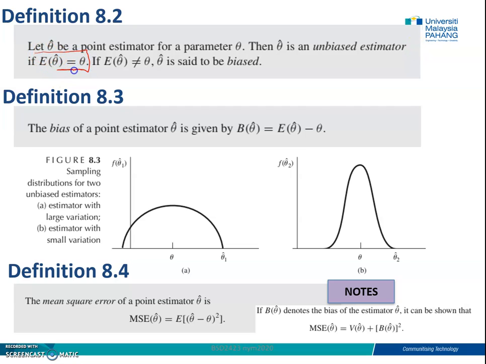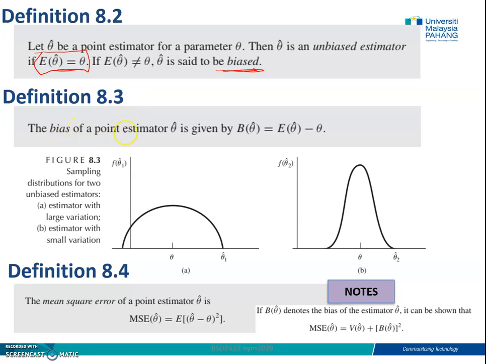This one is very important because in the question later, you will check whether this y bar is an unbiased estimator or not, so you will use this definition 8.2. If the expected theta head is not equal to theta, then theta head is biased, which is a not good property of an estimator.